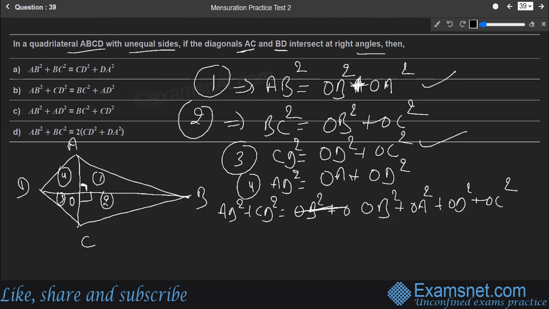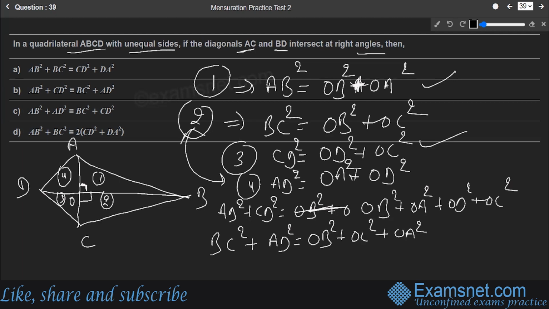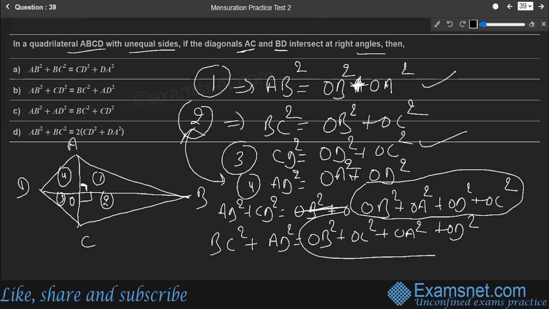And similarly, if we add equations 2 and 4 together, we get BC square plus AD square is equal to OB square plus OC square plus OA square plus OD square. So the right hand sides of both of these relations are actually equal. That means the left hand sides are also equal. That means we can say AB square plus CD square is equal to BC square plus AD square.